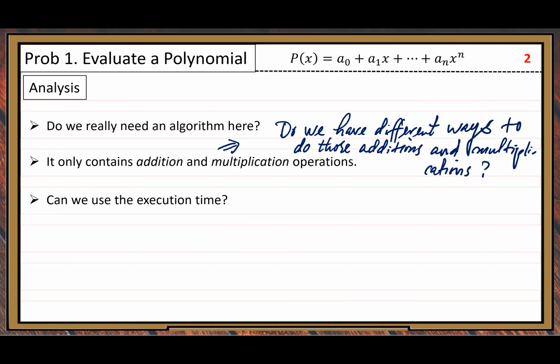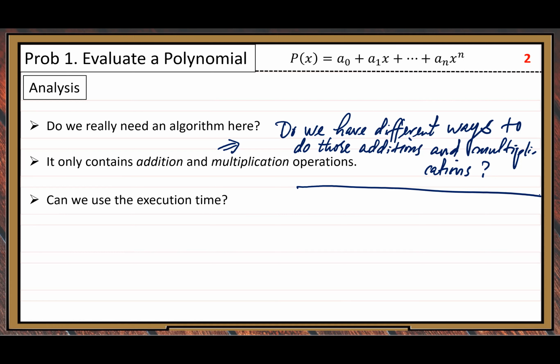That question we need to answer later, not at this time. At this time, we do not know if we have different ways to do these additions and multiplications. We only know one way to do it. But we need to explore much more. Only after we collect a lot of information are we ready to find different ways.